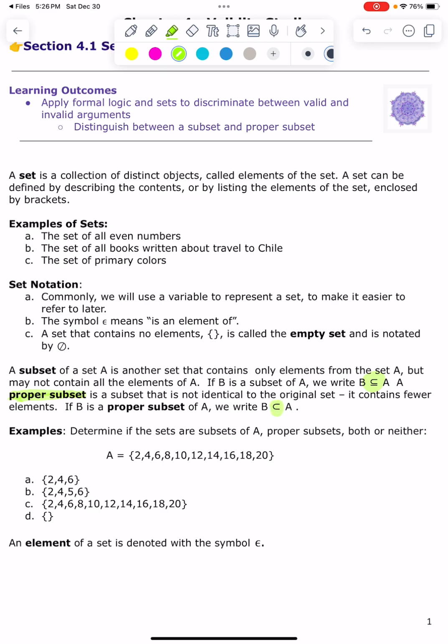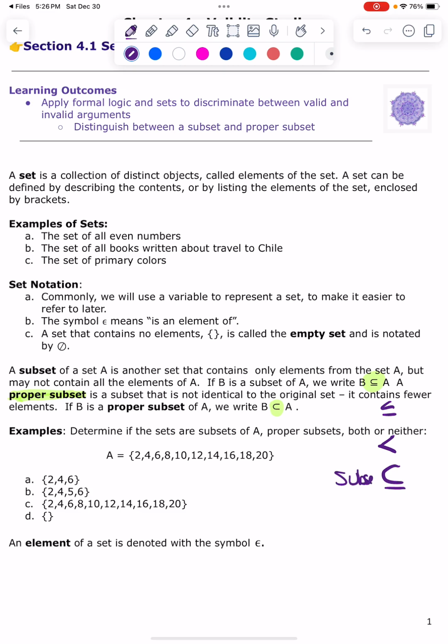It's kind of like in algebra, how you learned the less than or equal to, or just plain less than. So the first one means that it could be less than or it could be equal. And then the plain old less than symbol just means that it's strictly less than, that it can't be equal to. So it's really the same with this notation, except we make it more like a sideways U. So this is a subset.